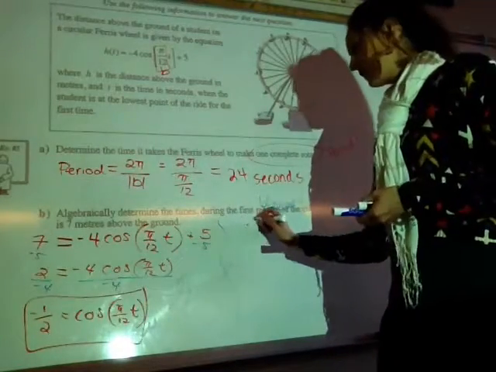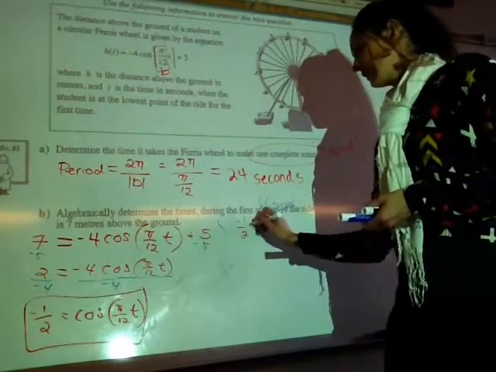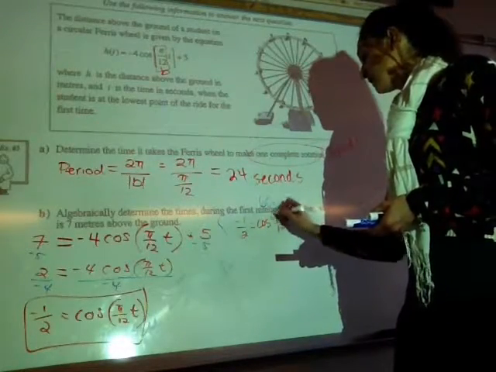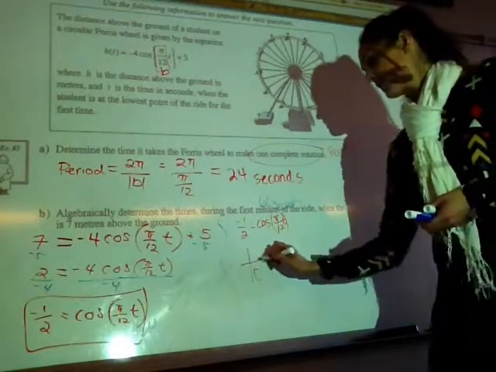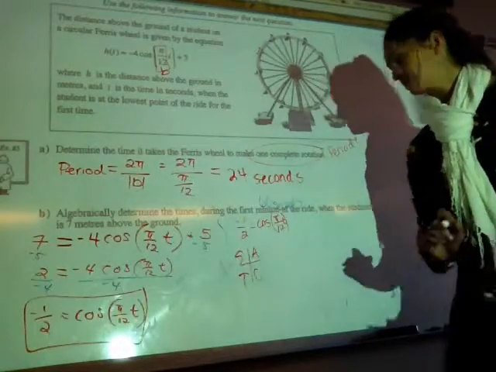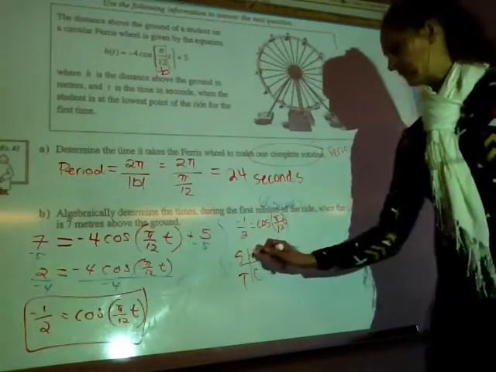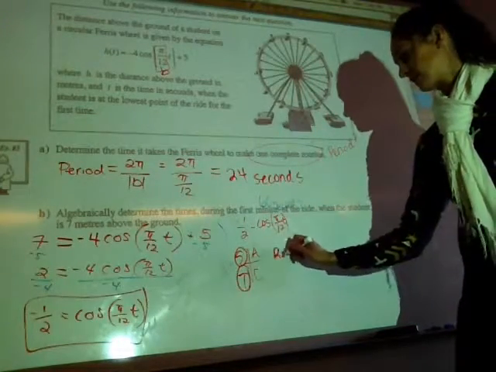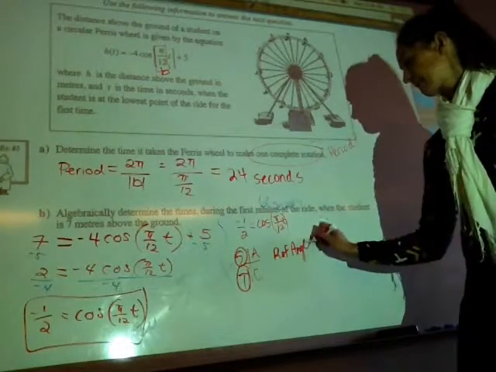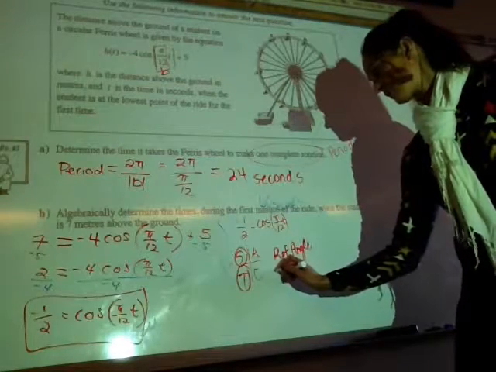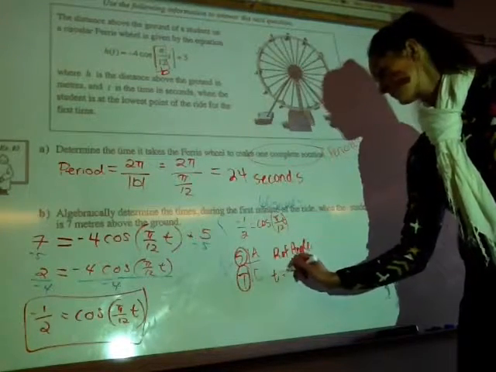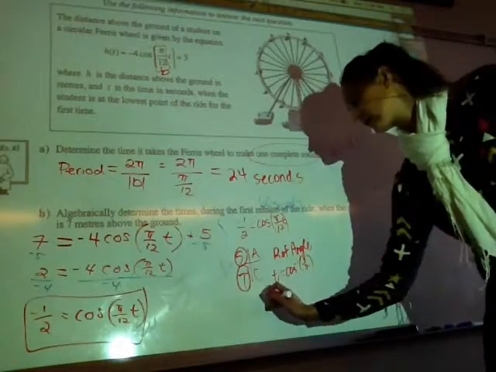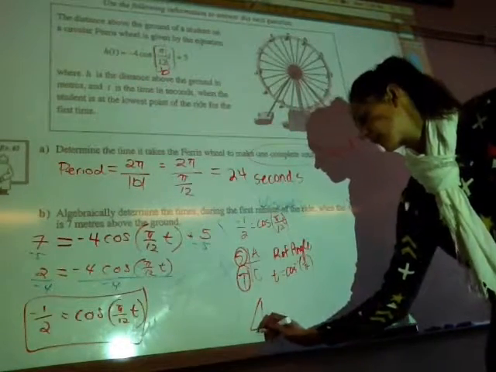Step number 2. If we have negative 1/2 equals cosine pi over 12 times t, cosine is negative in which quadrants? 2 and 3. Good. Now we need to find our reference angle. So t will equal inverse cosine 1/2, or we can use special triangles where x is the half.